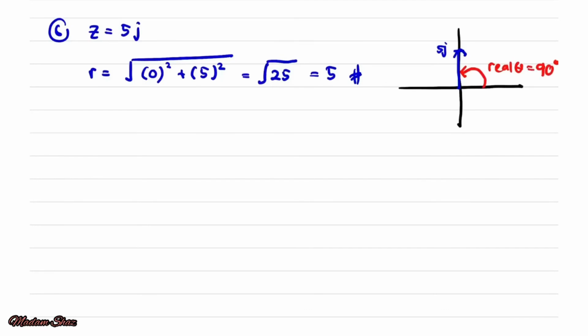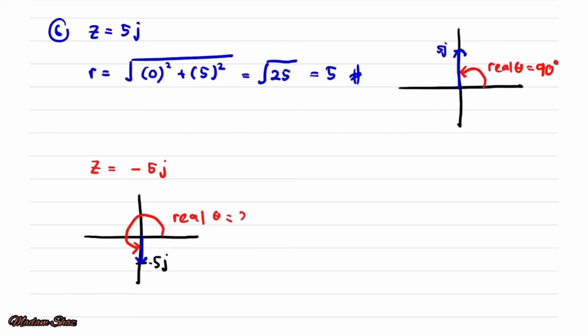So let's say if you have z equal to negative 5j. When we plot the position of negative 5j, it is at the negative y-axis. So this is our complex number, z equal to negative 5j. So therefore our real theta is from the positive x-axis until it touches the complex number. So real theta is equal to 270 degrees.